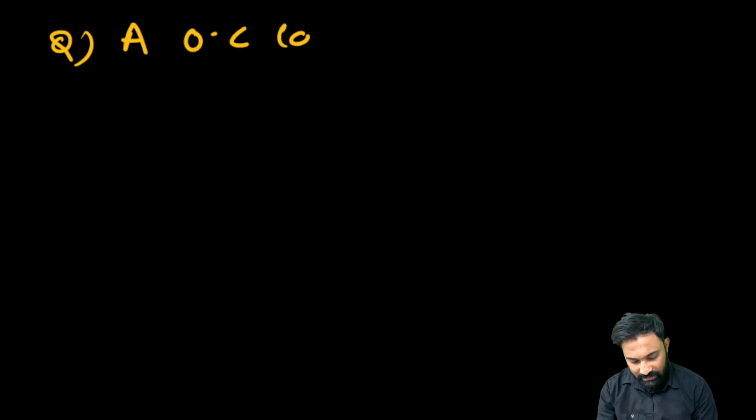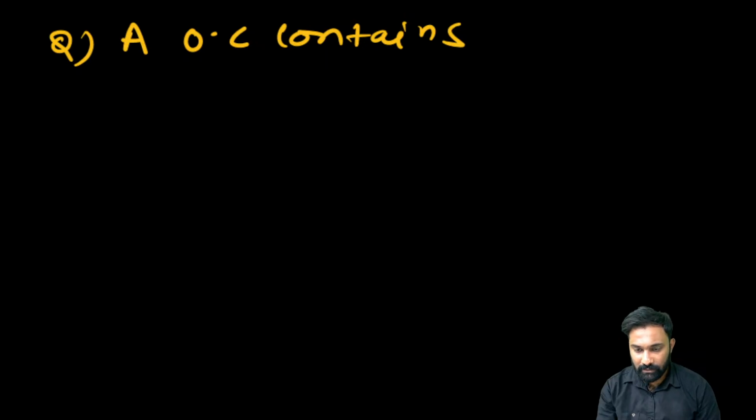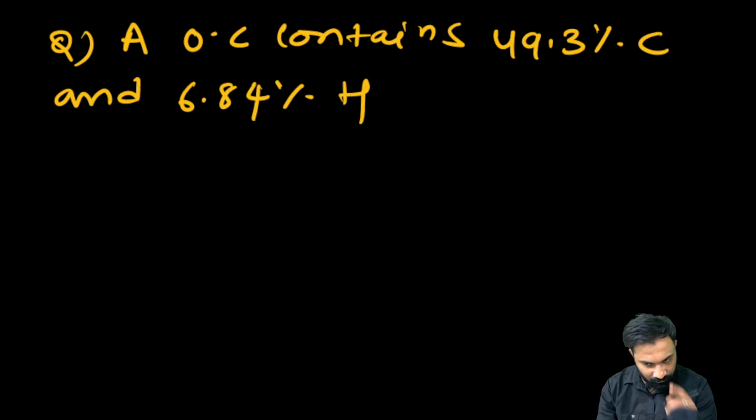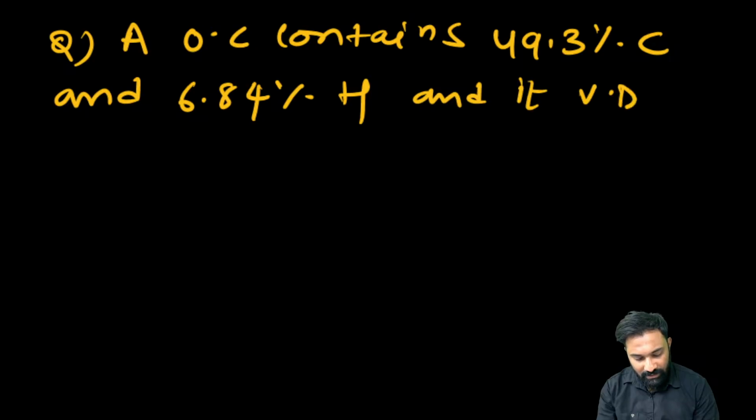Now listen, what is the question? An organic compound contains 49.3% carbon and 6.84% hydrogen, and its vapor density is 73.